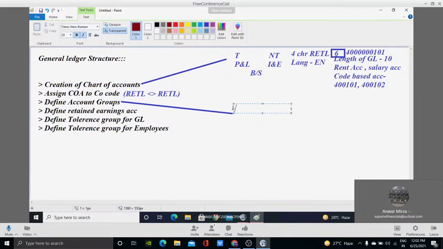So, accounting groups, no matter which part of the globe or which company, fall under these categories. First is assets, second is liabilities, third is income, fourth is expenses.